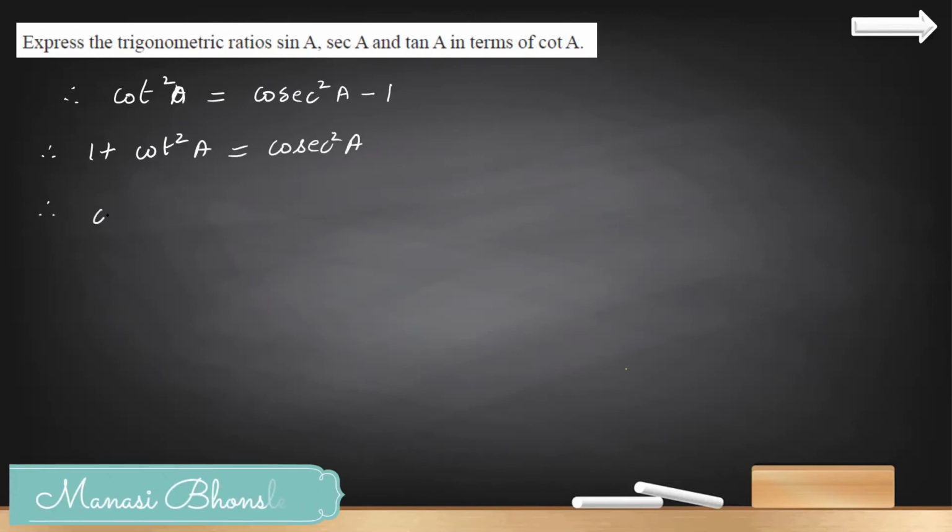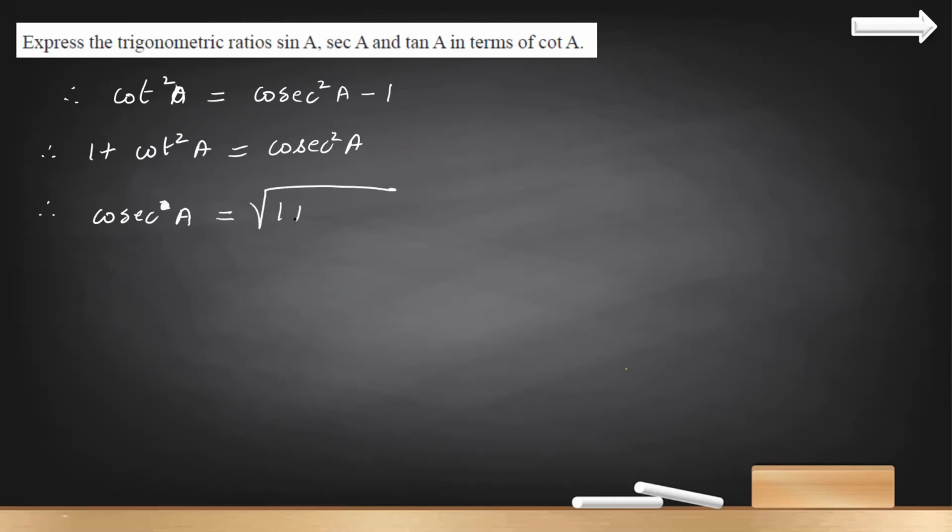So therefore, cosec square, cosec A, not square, we'll take the square root. Therefore, cosec A is equal to under root of 1 plus cot square A. Okay, this we got as cosec. And what is the reciprocal?